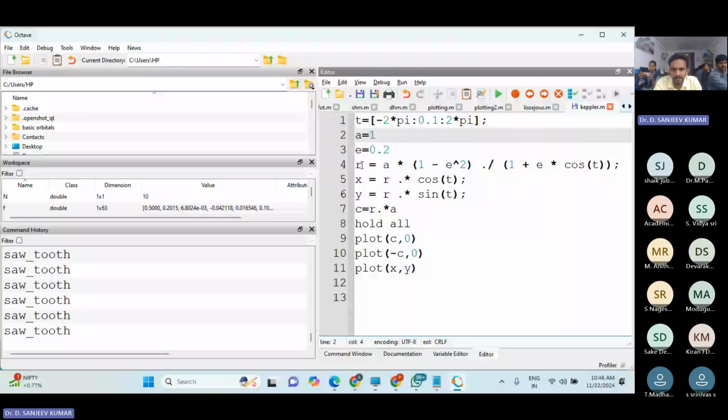Now the radius varies as A. So open a new file and save it as Kepler.m.